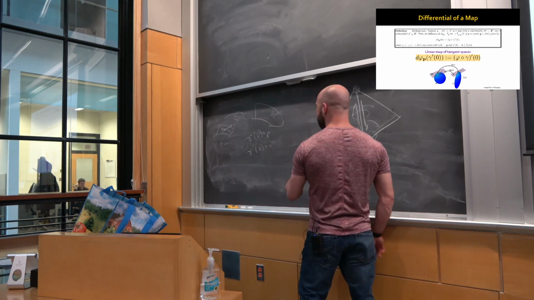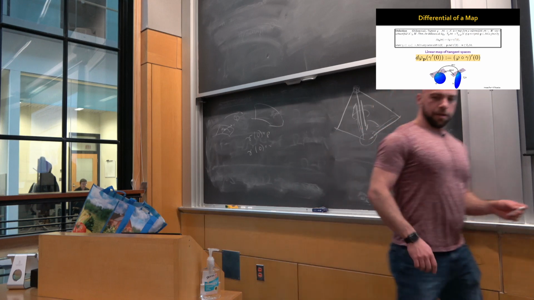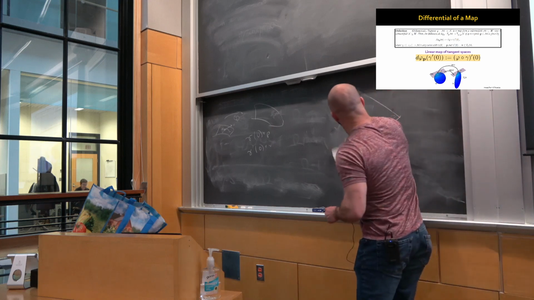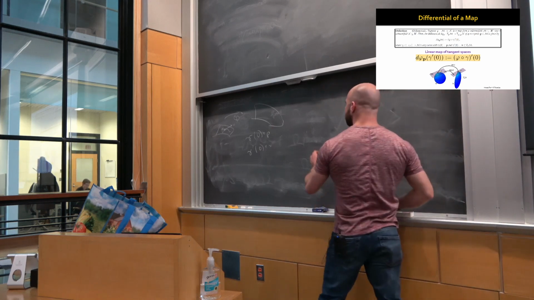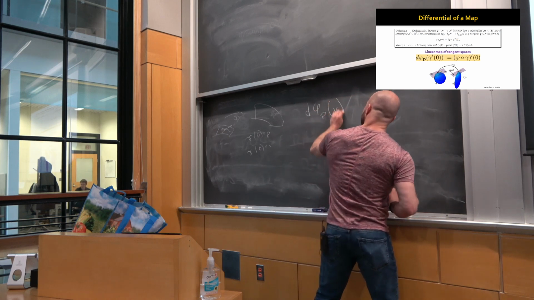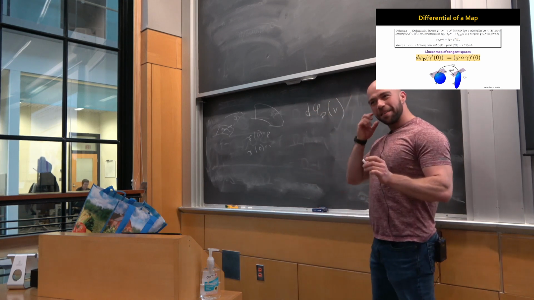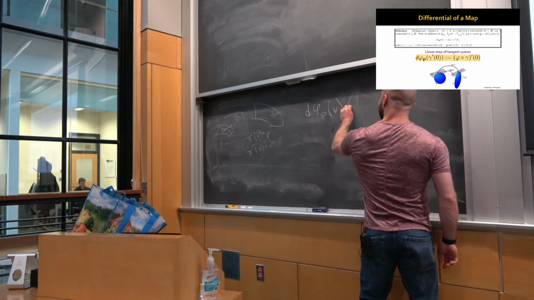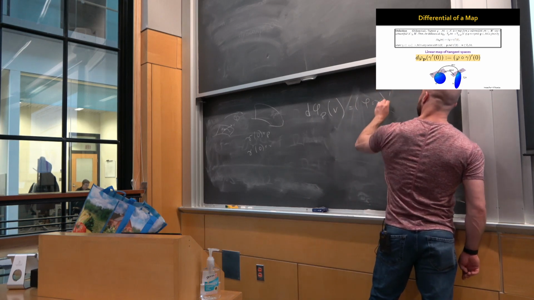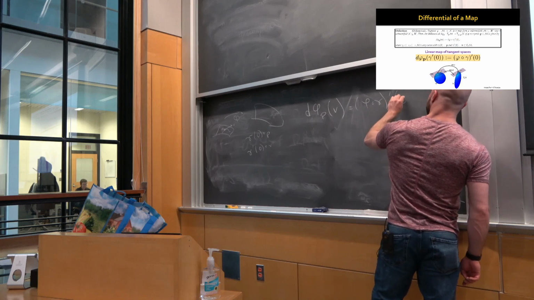And then we defined, just as a little bit of recall, let me grab the eraser here. The differential, this object d phi at P evaluated at V, we can think of as phi composed with gamma, differentiated at 0.